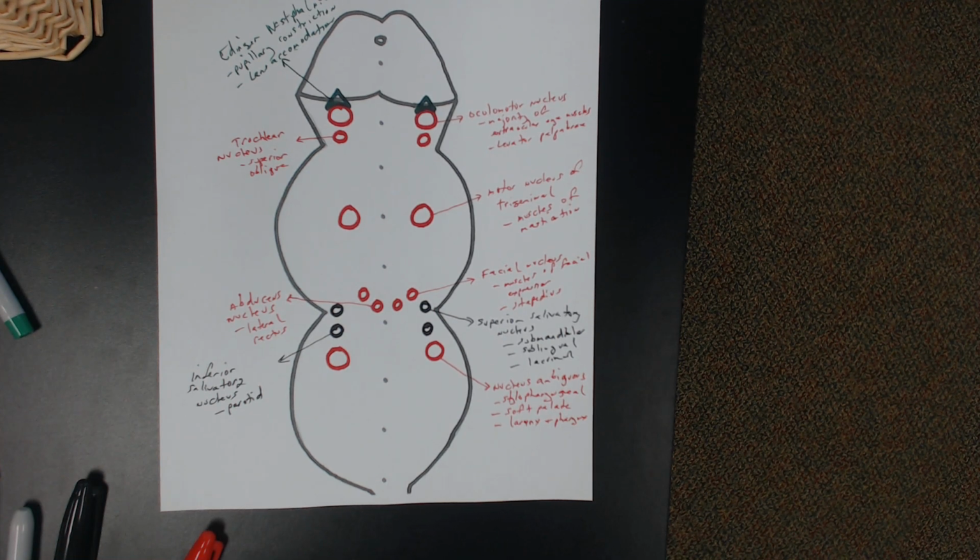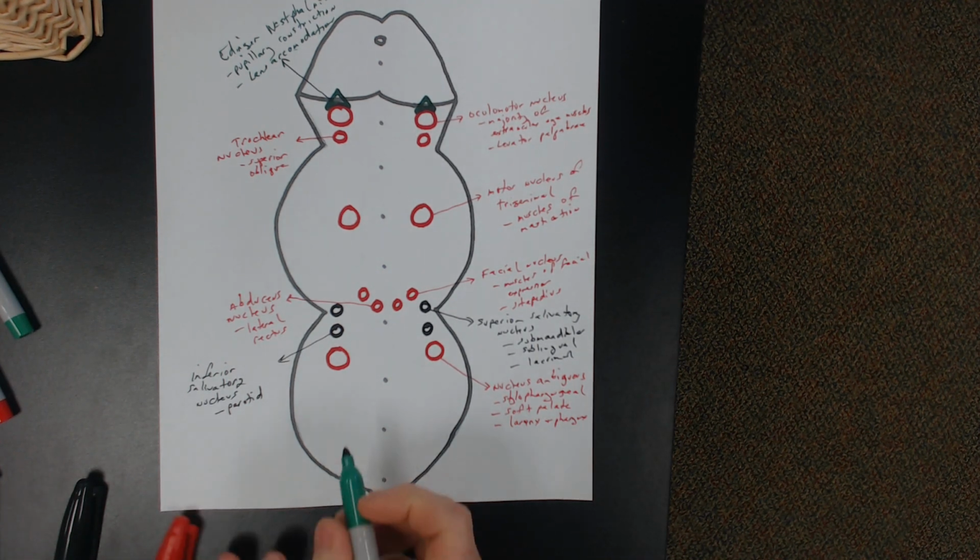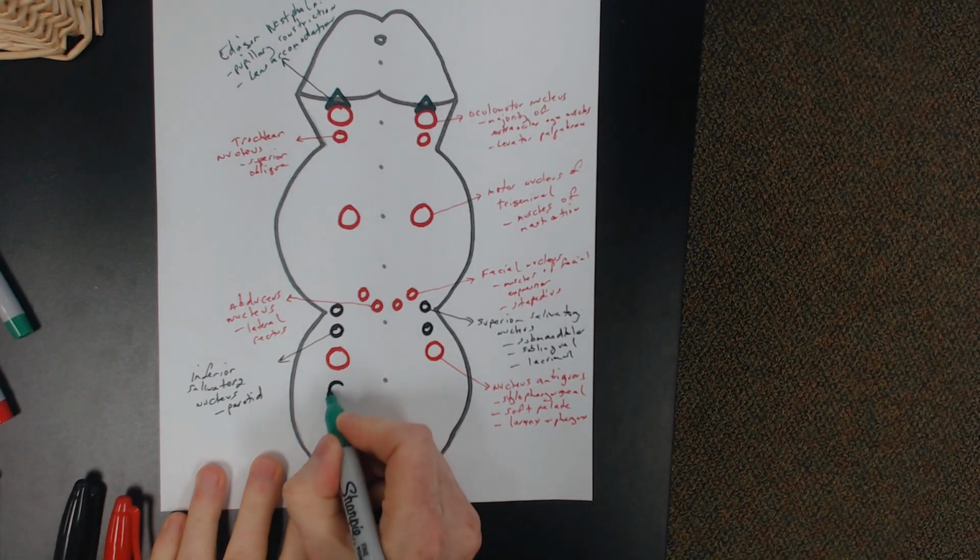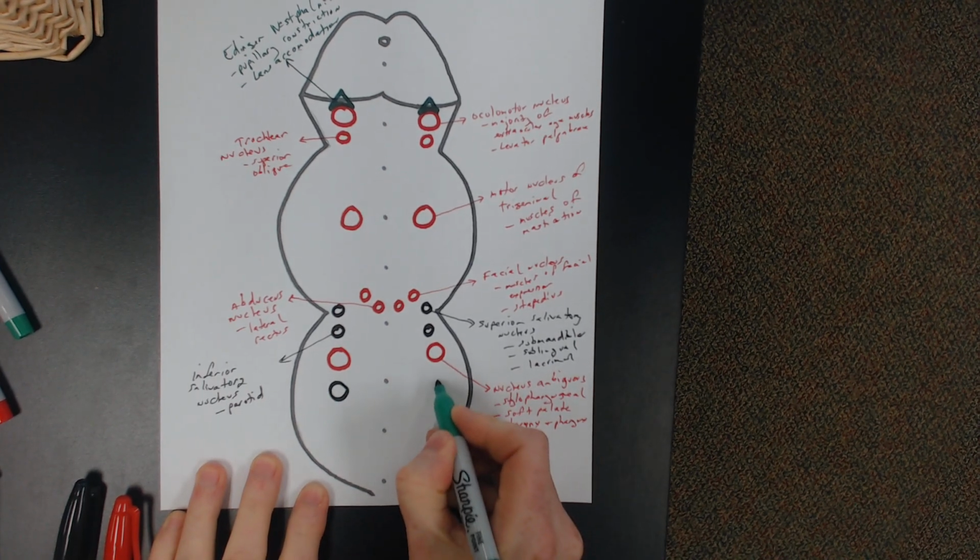All right, now moving on. Cranial nerve number 10 also has another function that's going to be parasympathetic in nature, autonomic in nature. It is not associated with voluntary activity. To accomplish this function, it uses a different motor nucleus. It's called the dorsal motor nucleus, and that's going to live right about here.